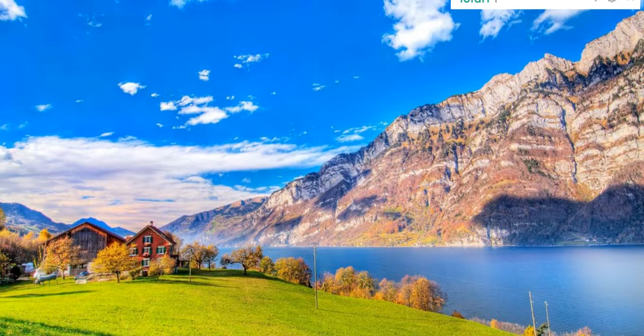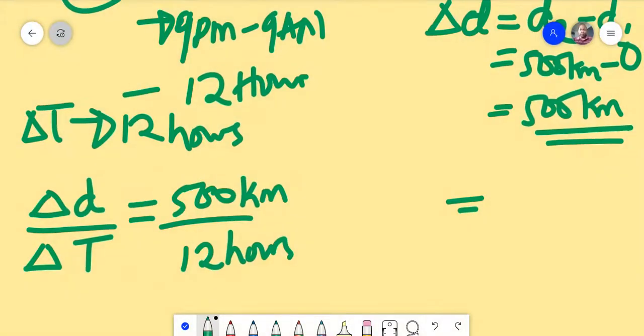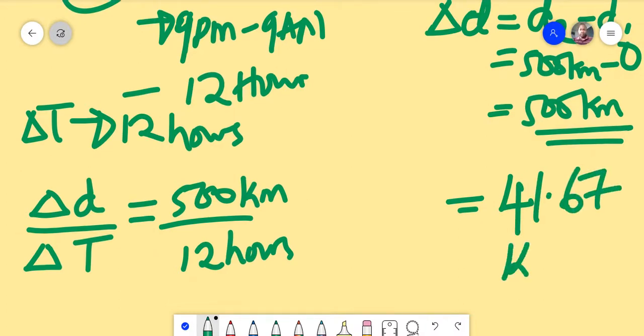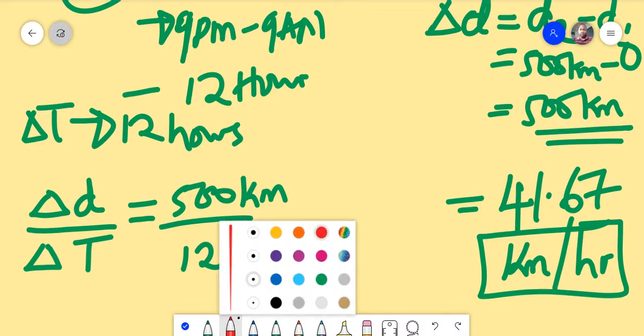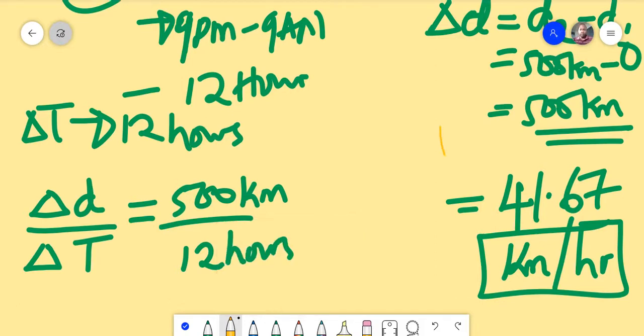So it's 41.67 kilometers per hour. This 41.67 is the rate of change of distance with respect to time.